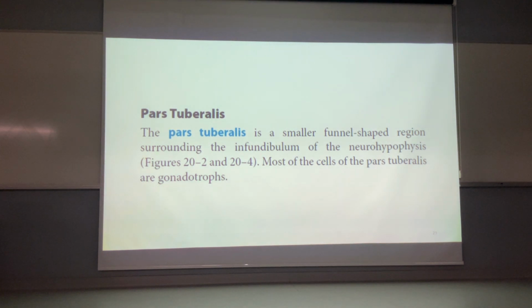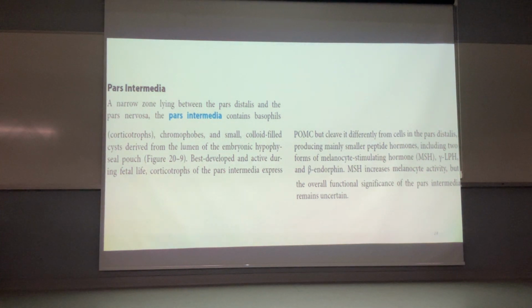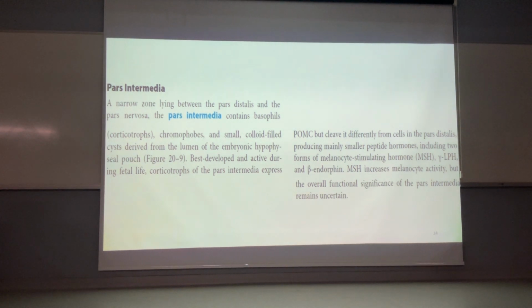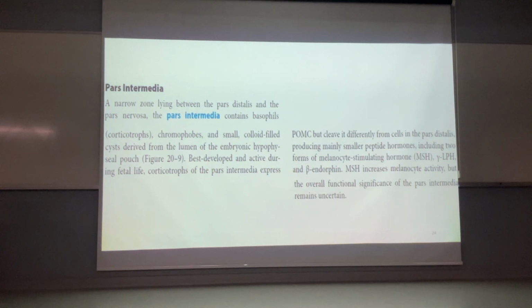The gonadotropin secreting cells are a type of basophilic cells which can produce the gonadotropins. In the pars intermedia, again, we have the same structure, but we have a high amount of vacuoles in the middle of the pars intermedia, and the cells of the pars intermedia have a function in producing melanocyte stimulating hormone, gamma LPH and beta endorphin.